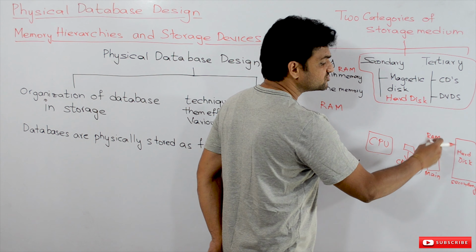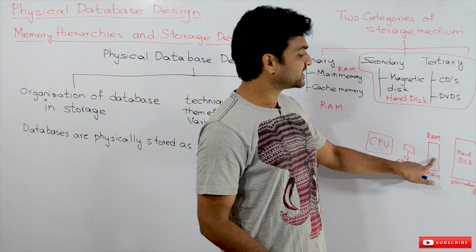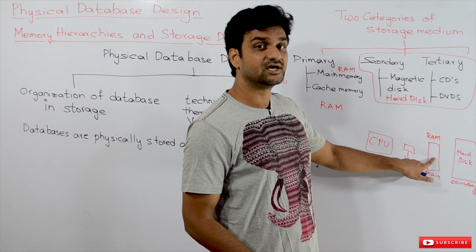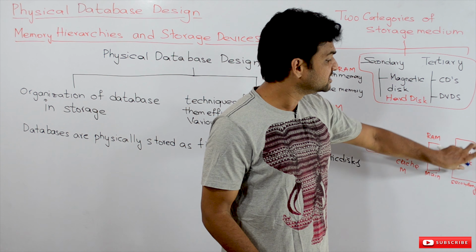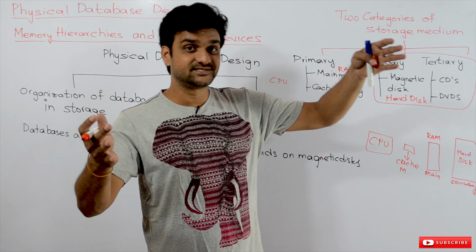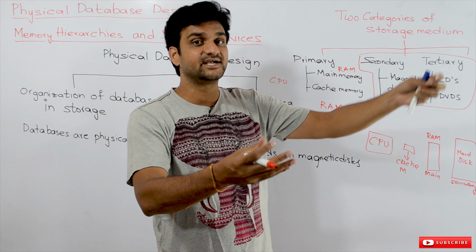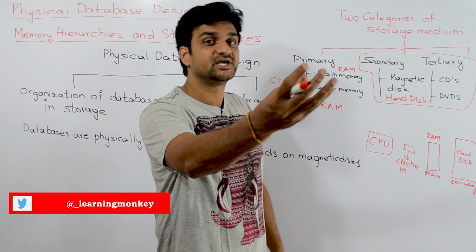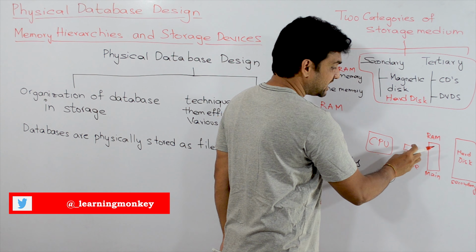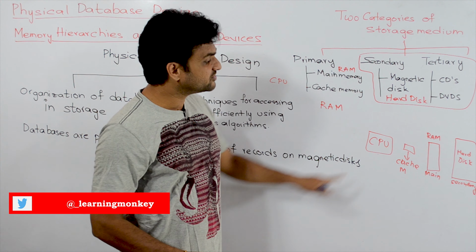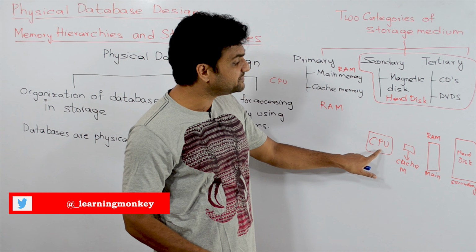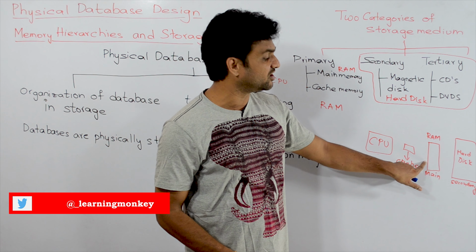If the data is not there in the RAM, we fetch the data from the hard disk, and that big data stored on the hard disk, some part of it gets stored in the RAM, and it gets stored onto the cache memory. So the CPU will be in contact with either cache memory or RAM.